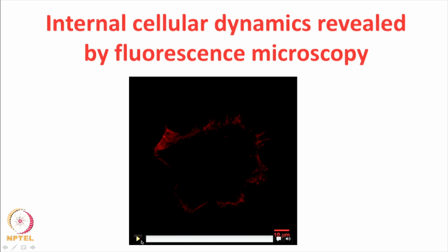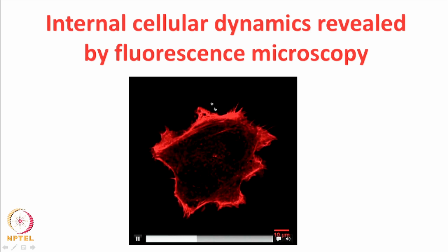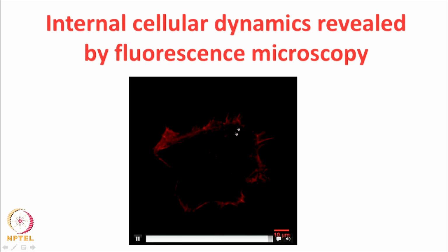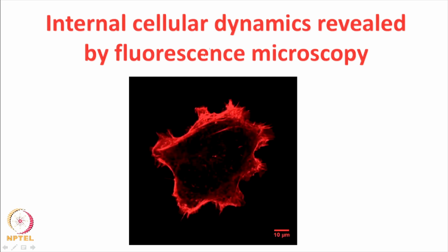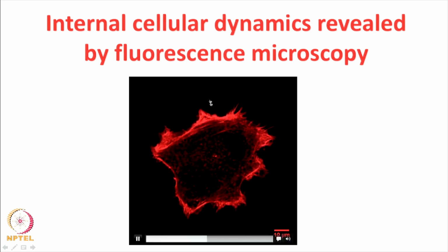Let me replay this movie. Focus on this zone of the cell. There is a lot of intensity here, and then eventually this portion of the cell is collapsing. So, this shows you that the cells were perhaps exerting some contractile forces here. Let me play this movie once more. There is a lot of LifeAct intensity here, suggesting some polymerization event and then some retraction.